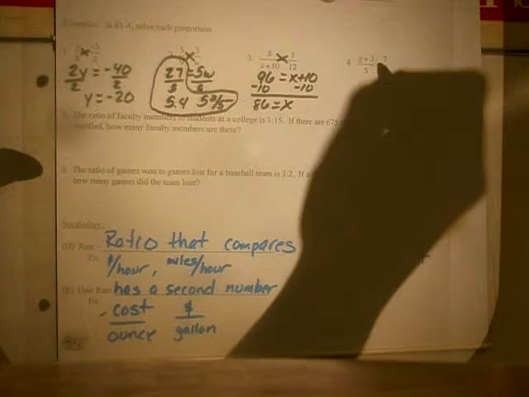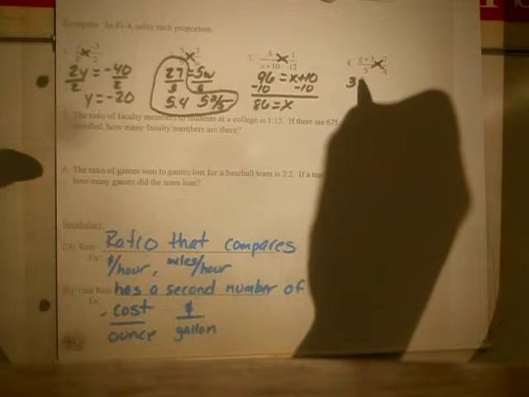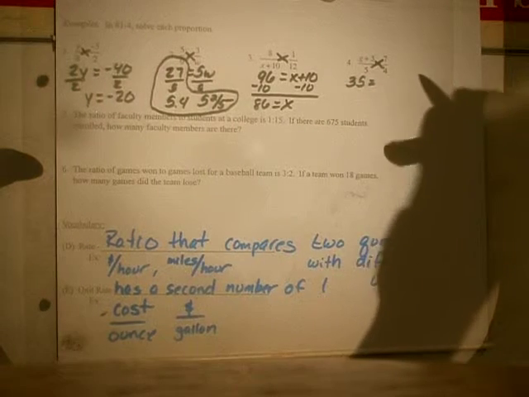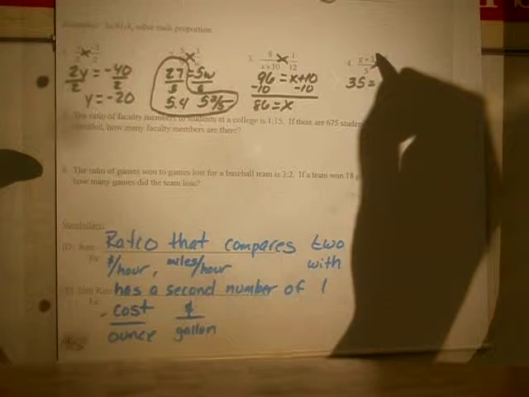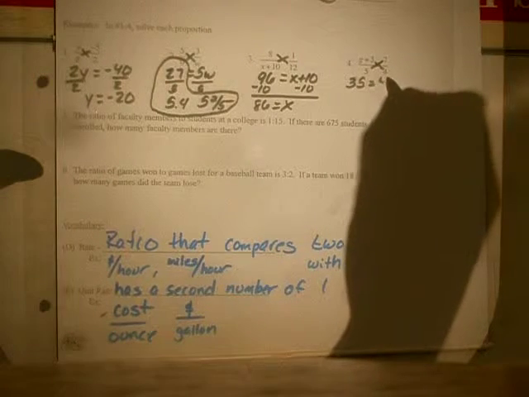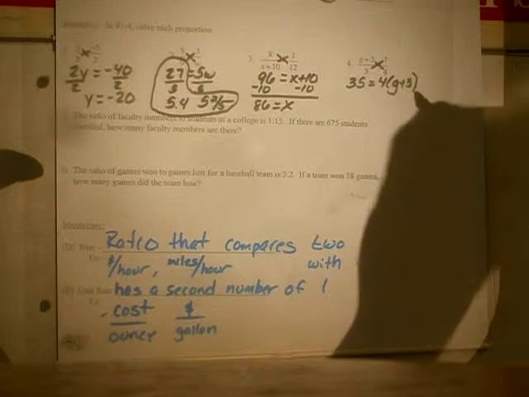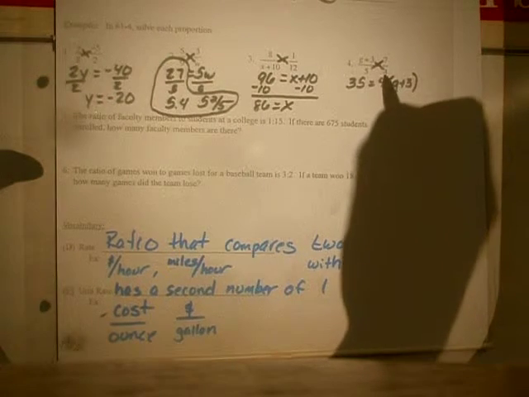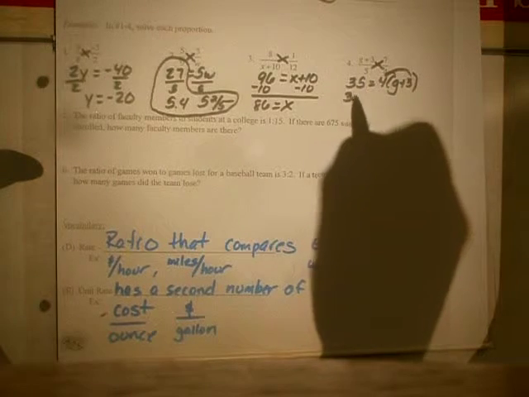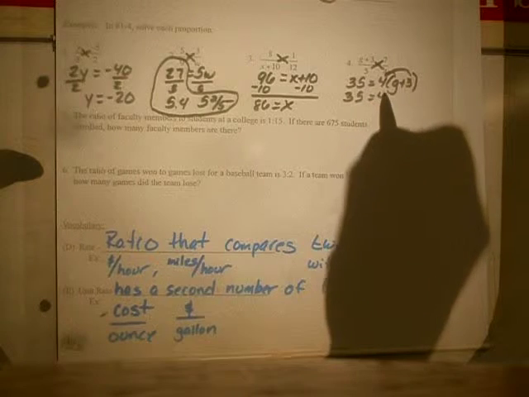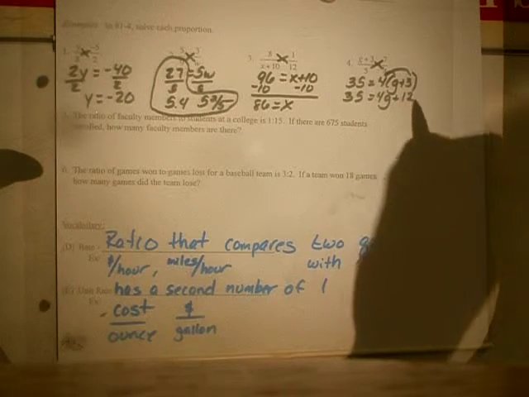Number 4, when we cross multiply, 7 times 5 is 35. You need to multiply this 4 by that entire thing. So we need parentheses around the g plus 3. And then we need to distribute. So that becomes 35 equals 4g plus 4 times 3 is 12.